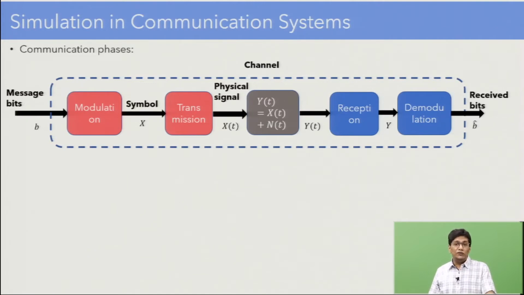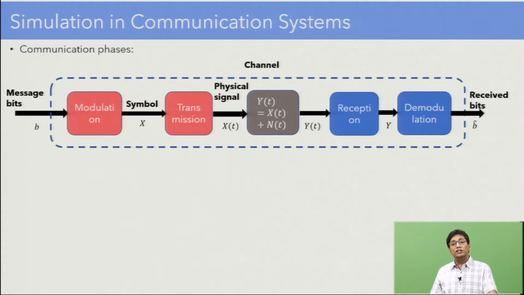At the receiver you basically get a physical signal y(t), which is a distorted and attenuated version of the original transmitted signal. And then at the reception you convert probably to baseband, again you get some received symbols which you can demodulate and estimate the bit which was transmitted. So, the design of this system is to be able to guess the transmitted bit exactly. So, this b hat, which is my estimate of what was transmitted, should be equal to b in ideal cases.